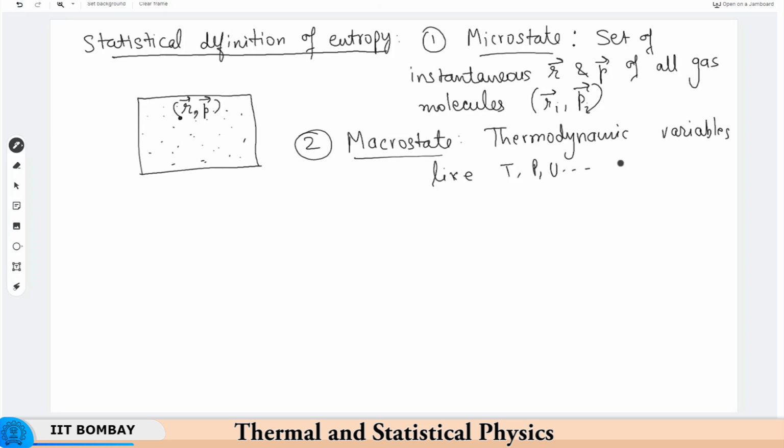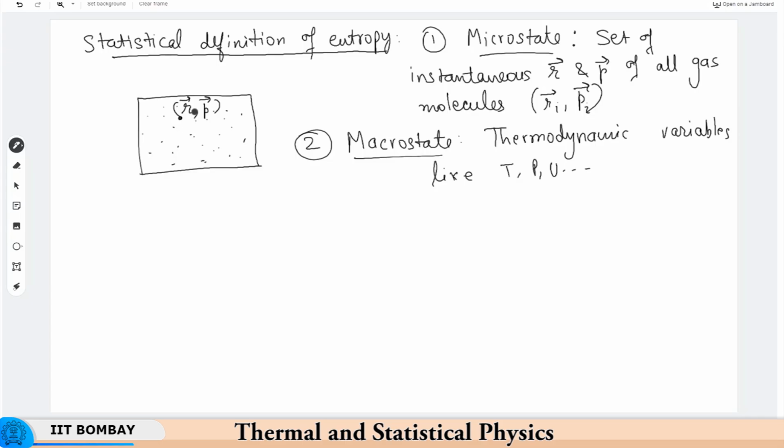A macrostate is the consequence of what all the individual molecules are giving rise to at any particular time. At any particular time, all the molecules have positions R_i and momenta P_i, and it is giving rise to a certain pressure and a certain temperature at that moment.